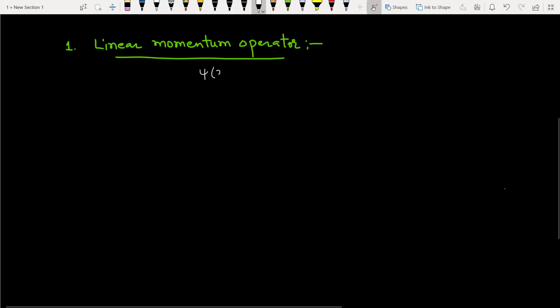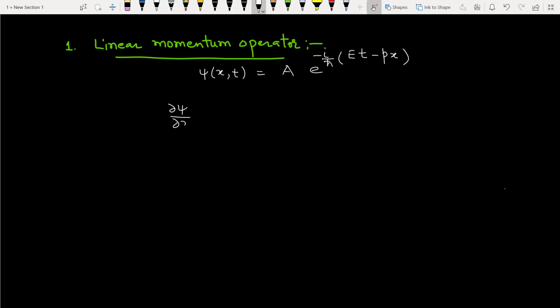So we have a function. ∂ψ/∂x: A is a constant, the exponential function stays as such, into the derivative of the power.